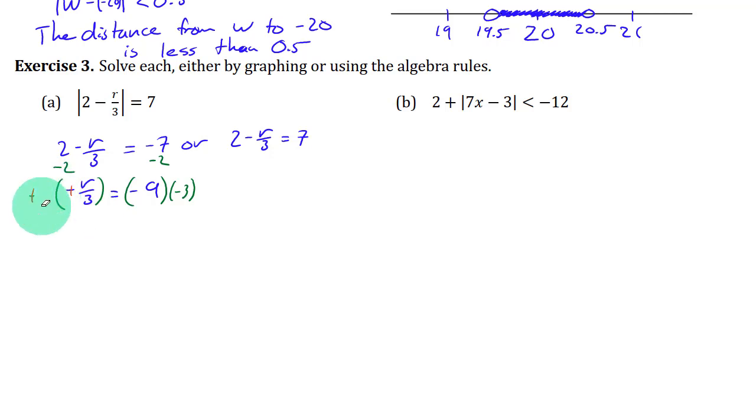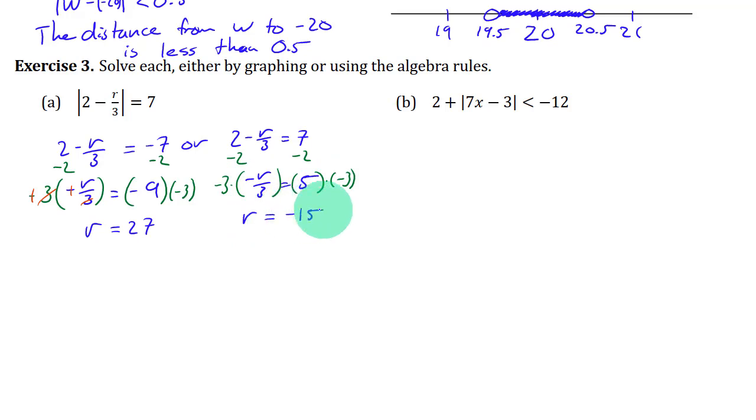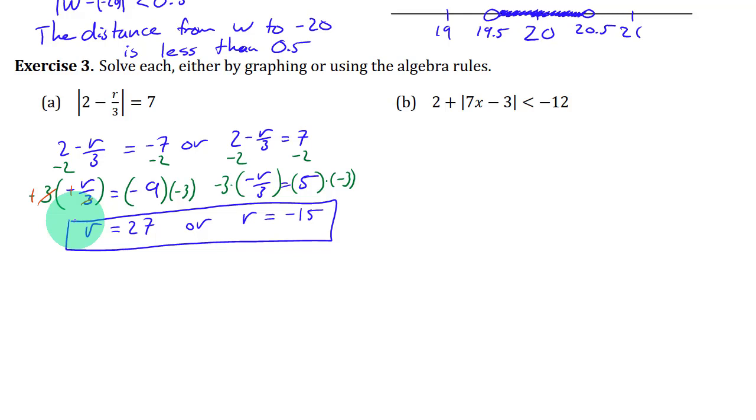Wait, that's supposed to be a 3, excuse me. So that cancels out too, and you end up with r equals positive 27. Over here, do the same things. You end up with r equals negative 15. So that should be the solution set for that one.